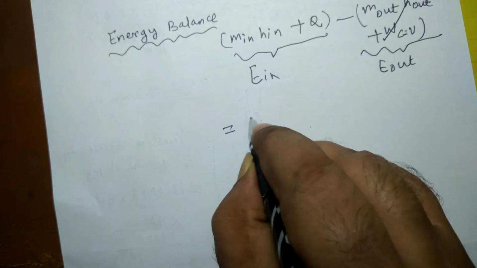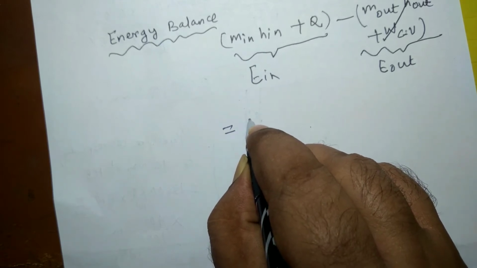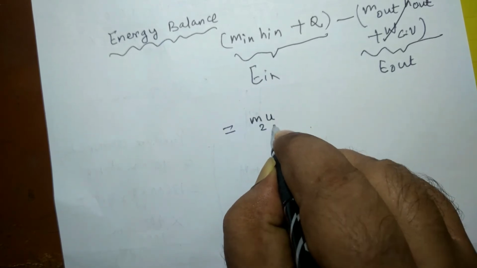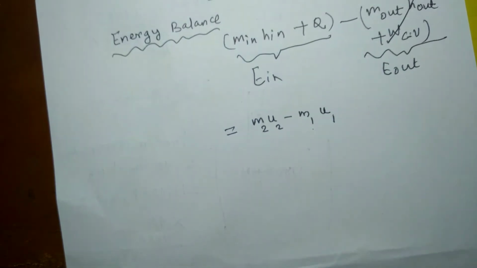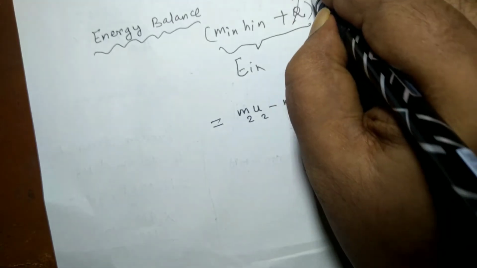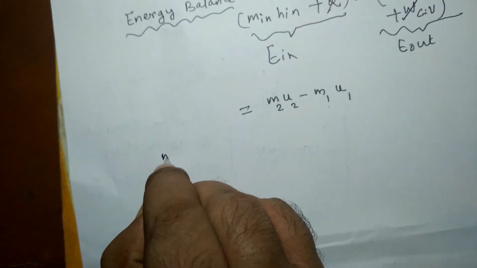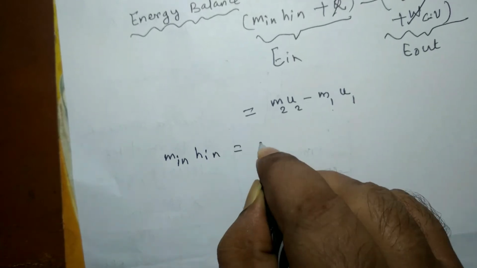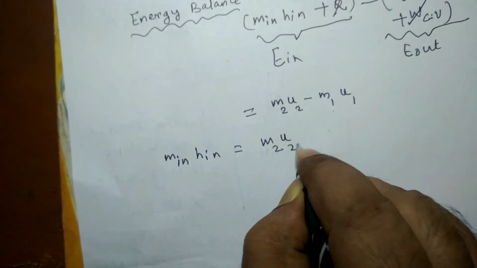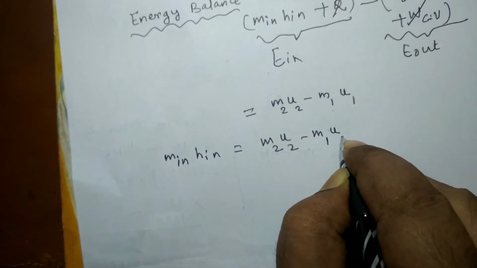So this is equal to delta UCB, which is nothing but M2 U2 minus M1 U1. This is our equation and this is 0. So now the equation is M in H in equal to M2 U2 minus M1 U1.